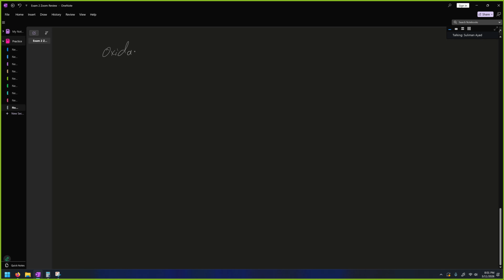Oxidation is loss of electrons, and reduction is gain of electrons. This symbol, the e with the superscripted minus sign, is the symbol for the electron. The reason we write it like this is because it's a neat little mnemonic device.